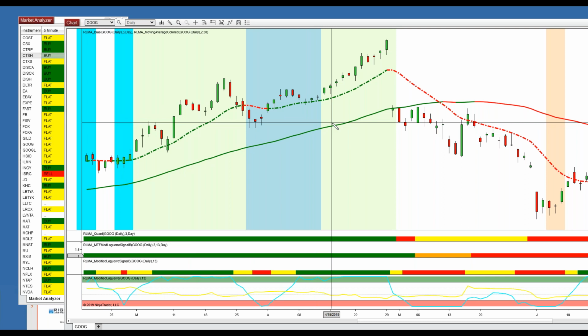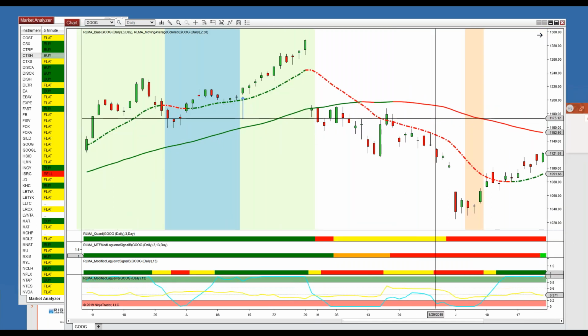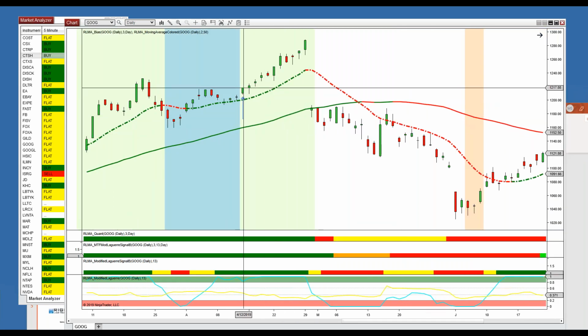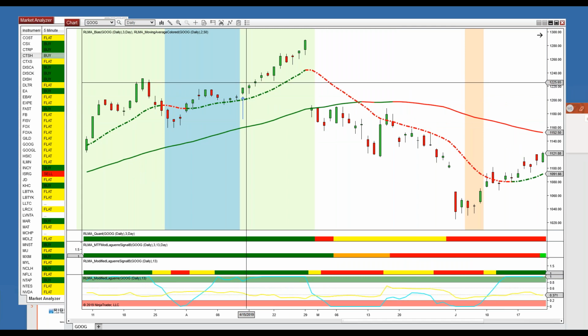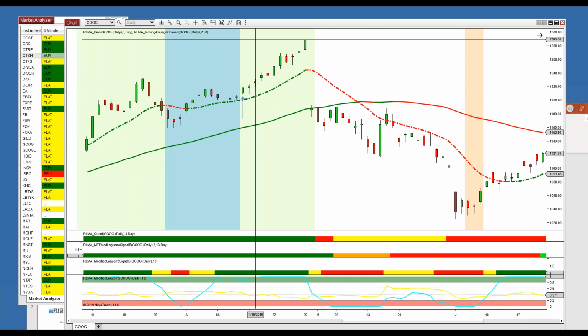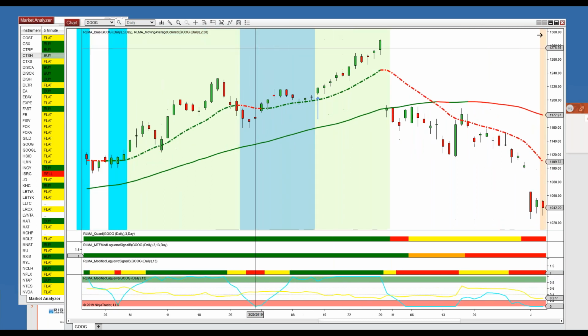Now this is a daily chart, so this is a big move. This is a move from about 17 to 88. So that's about 70 points on that move up.